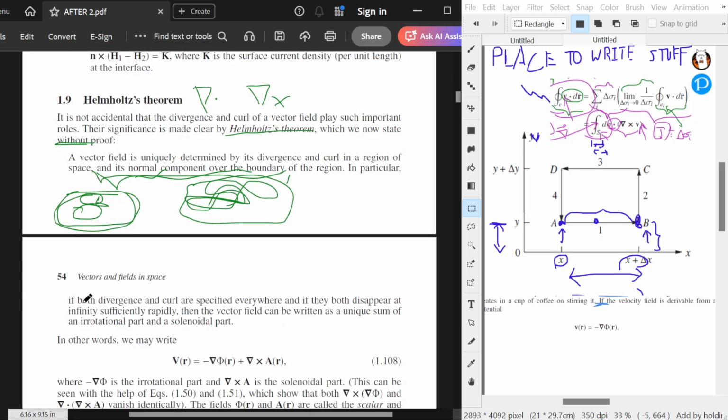In particular, if both divergence and curl are specified everywhere, and if they both disappear at infinity, what does that mean? If they both disappear at infinity fast enough, then the vector field can be written as a unique sum of an irrotational and a solenoidal part.